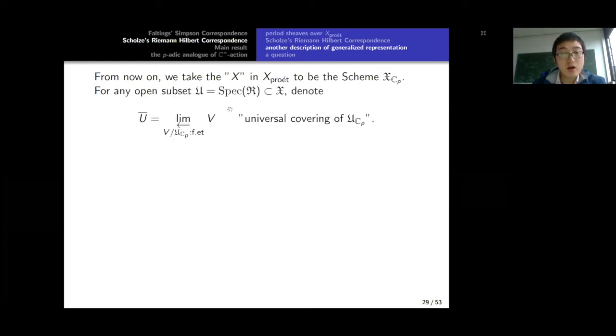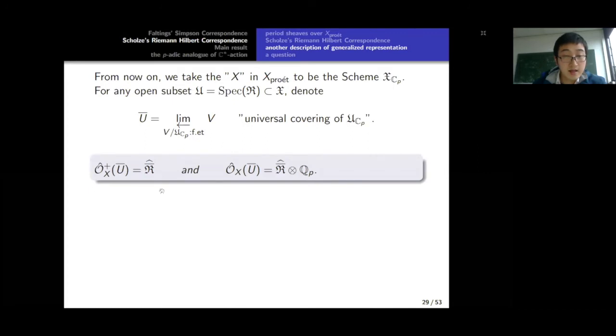And for any open subset U of this X, we denote U bar to be the projective limit of V running over all finite alpha covers of U_CP. And then O hat X plus of U bar is just equal to R bar hat, and O hat X of U bar is just equal to R bar hat tensor with QP.